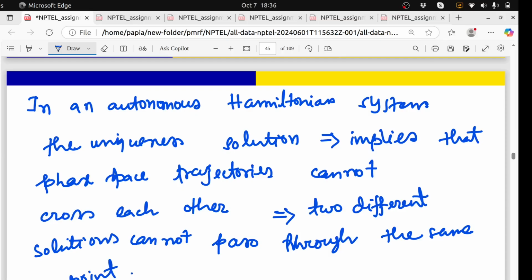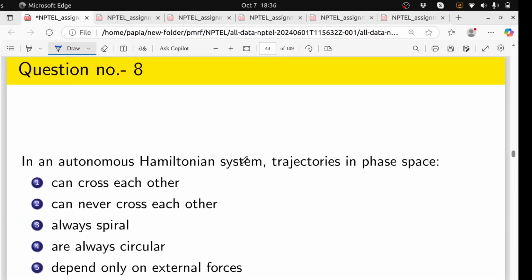That I already mentioned, that this is the main point for the autonomous Hamiltonian system. The trajectories should not cross each other, and if they are crossing each other, then that will obviously be a closed system. So that means it can never cross each other.